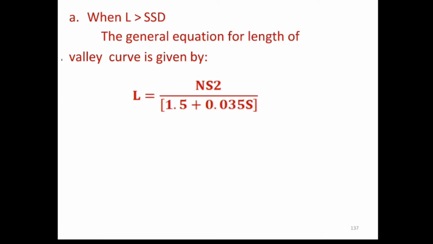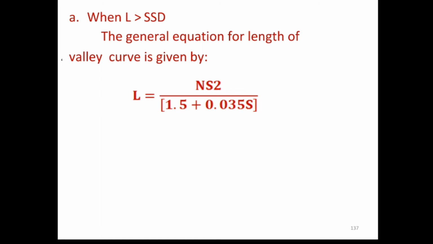So the first case, when L is greater than the stopping sight distance, the length of the valley curve L is assumed to be greater than the headlight sight distance, which should be at least equal to the stopping sight distance. So let, in this case, h1 be equal to the height of the headlight and alpha be the angle of the beam of light.